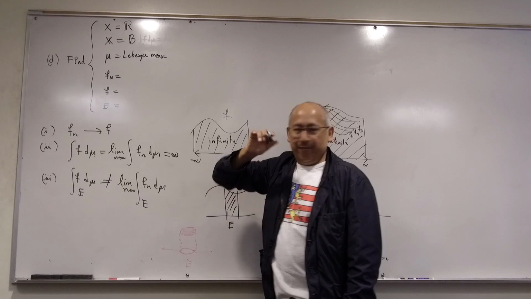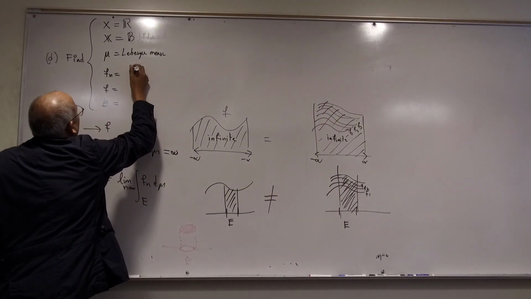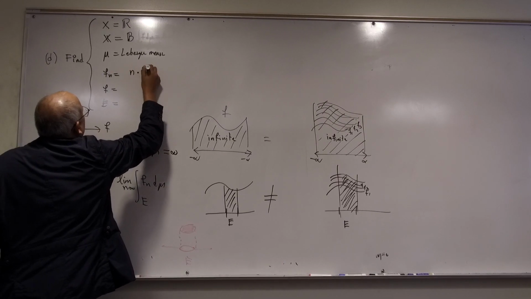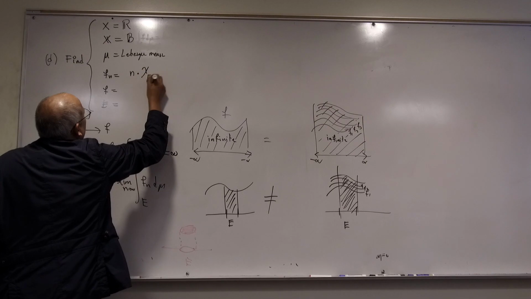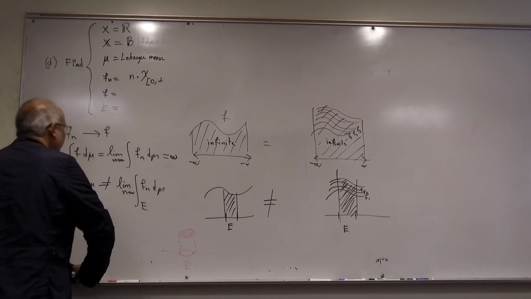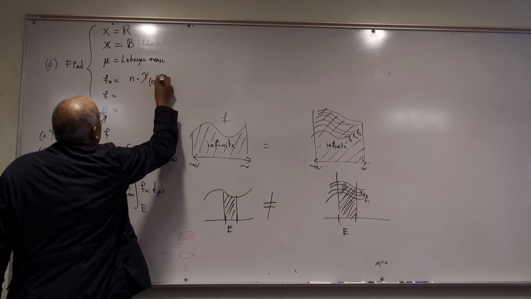Okay? Let's do n times the characteristic function of the interval 0, 1 over n.